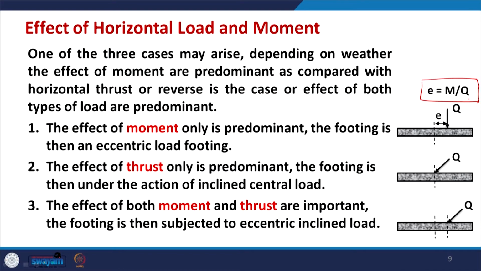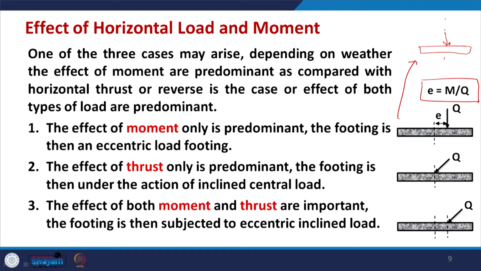The value of eccentricity E can be simply computed using the magnitude of the moment M divided by Q, where M is the moment and Q is the vertical load. This case may be compared to a footing where at the center you have a load Q acting, and if I shift this load to one side, this will create a moment.